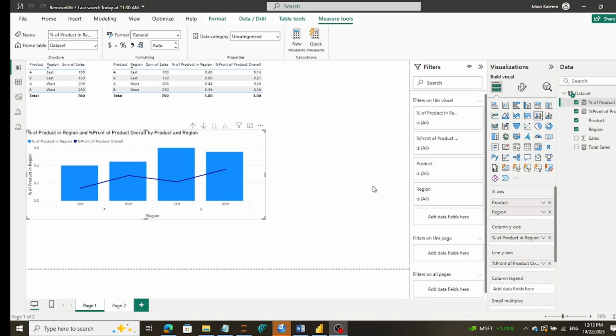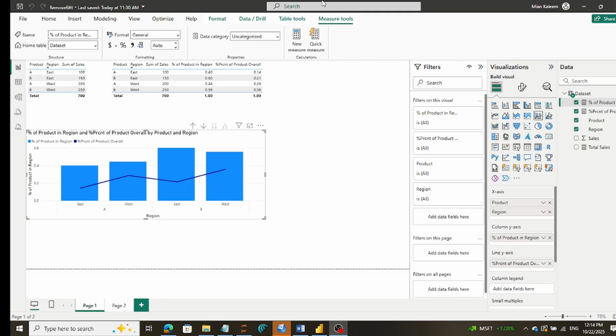For example, we want to know the product sales by region, by overall total, and by overall all regions. So let's begin.